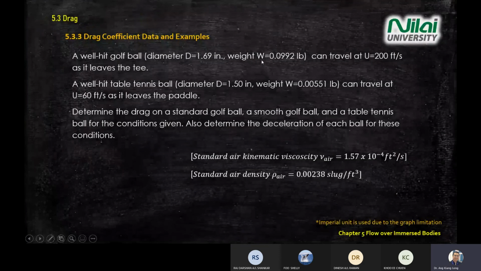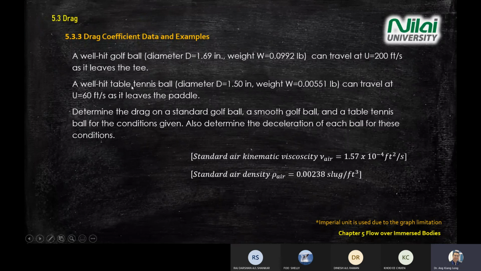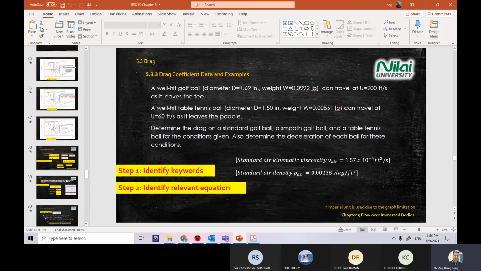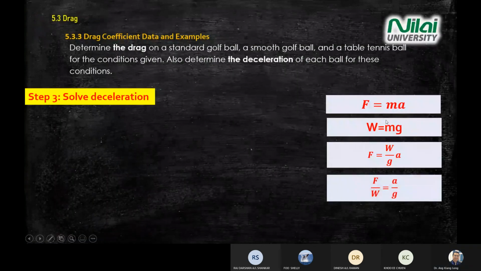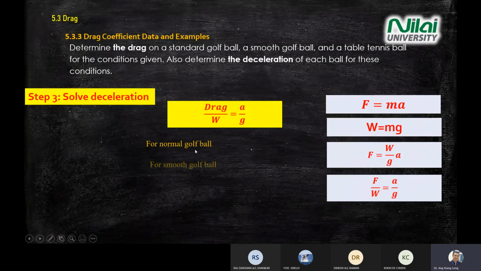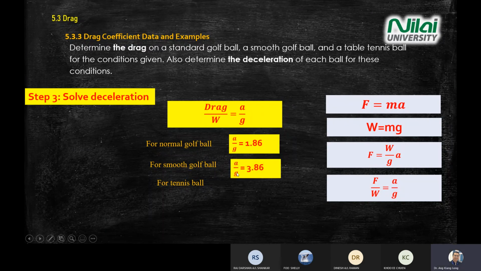As you can see, the weight for the golf ball equals this one. The table tennis ball weight equals this one. So the weight is given. So when you derive from the F equation, you put back, you found the drag, you have the W. So a over g is 1.86 for the normal golf ball. Smooth golf ball, a over g is 3.86. Tennis ball is 4.77. So you know the gravity value, right? 9.81.